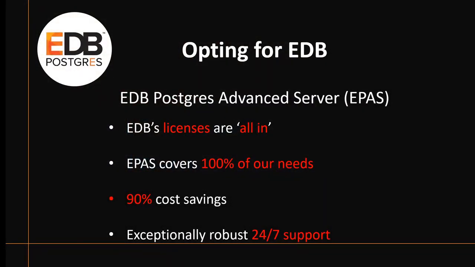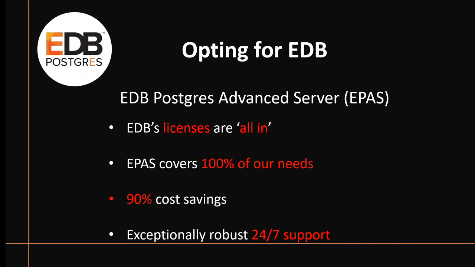EPAS, EnterpriseDB's Postgres Advanced Server, covers 100% of our needs and even more, while we save 90% of the costs. And another reason to choose EDB is their exceptionally robust 24/7 support.